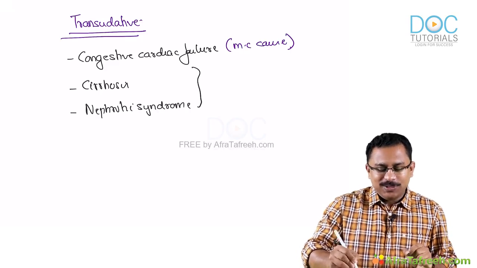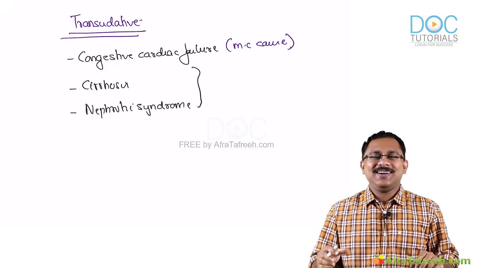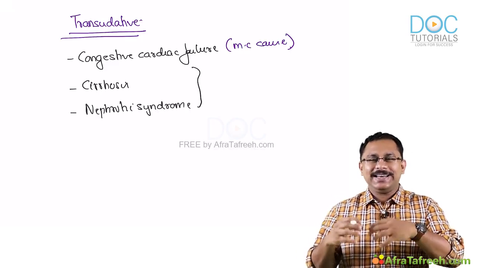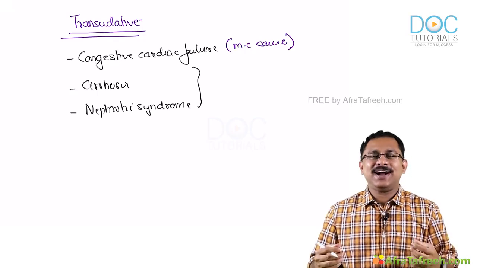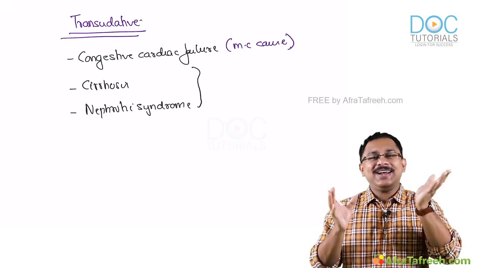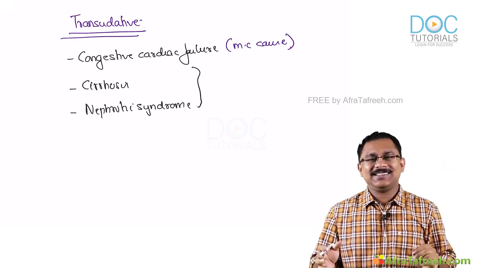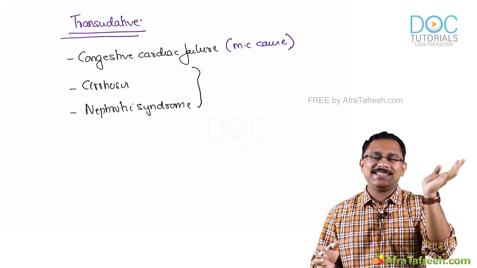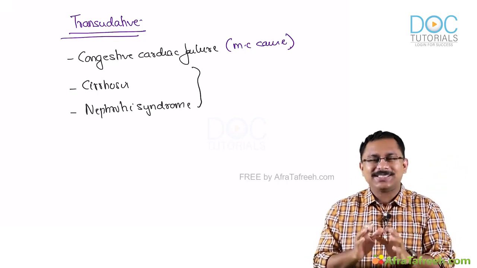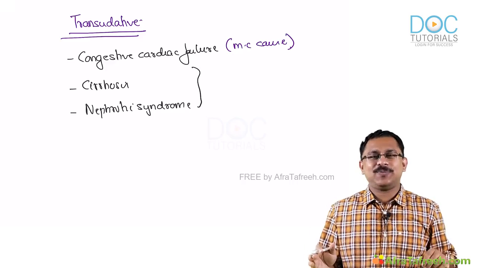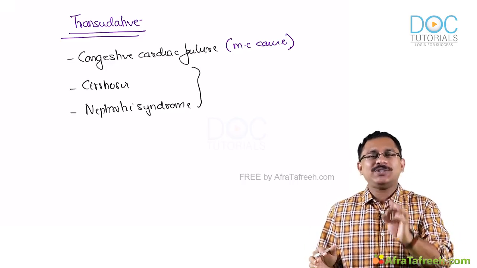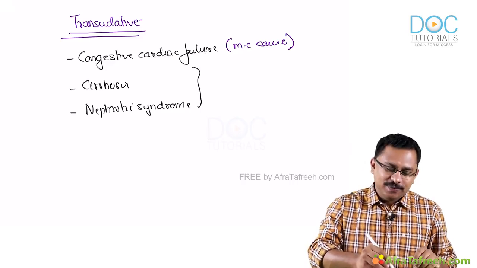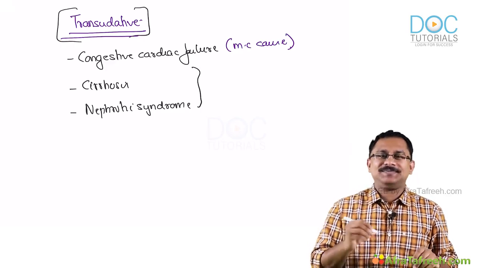So the latter two are predominantly because your oncotic pressure is decreased. And in congestive heart failure, your hydrostatic pressure is increased. Increased hydrostatic pressure in CCF, decreased oncotic pressure in cirrhosis and nephrotic syndrome. Now these three are the most important causes of transudative pleural effusion.